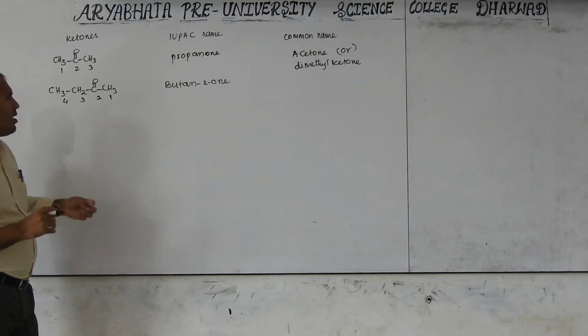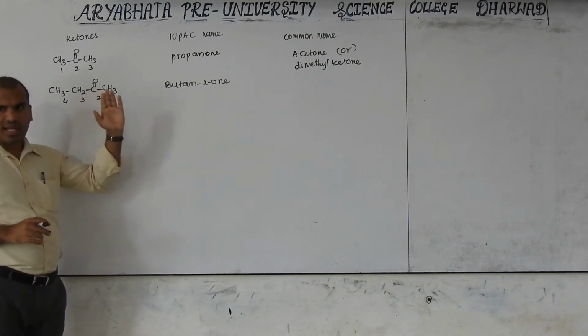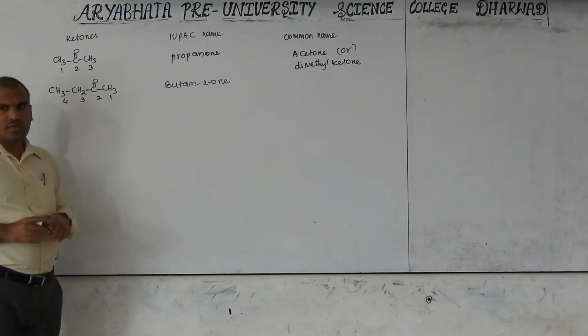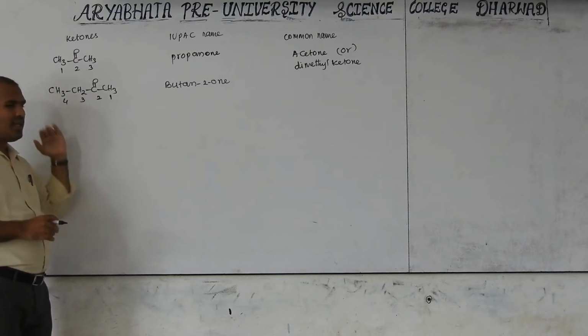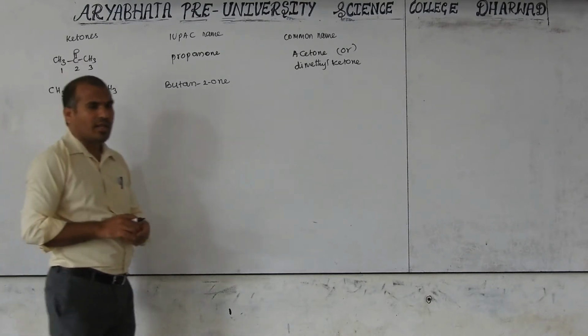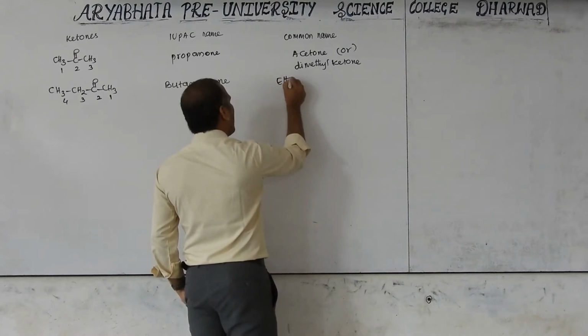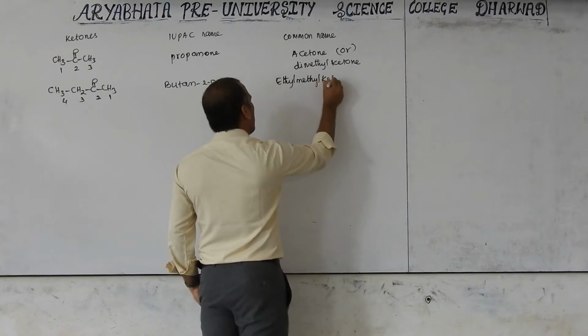Common name: for ketones, dialkyl ketone, but when the alkyl groups are different we use alphabetical order. This side is methyl, this side ethyl. E first, then M. Therefore its common name is ethyl methyl ketone.